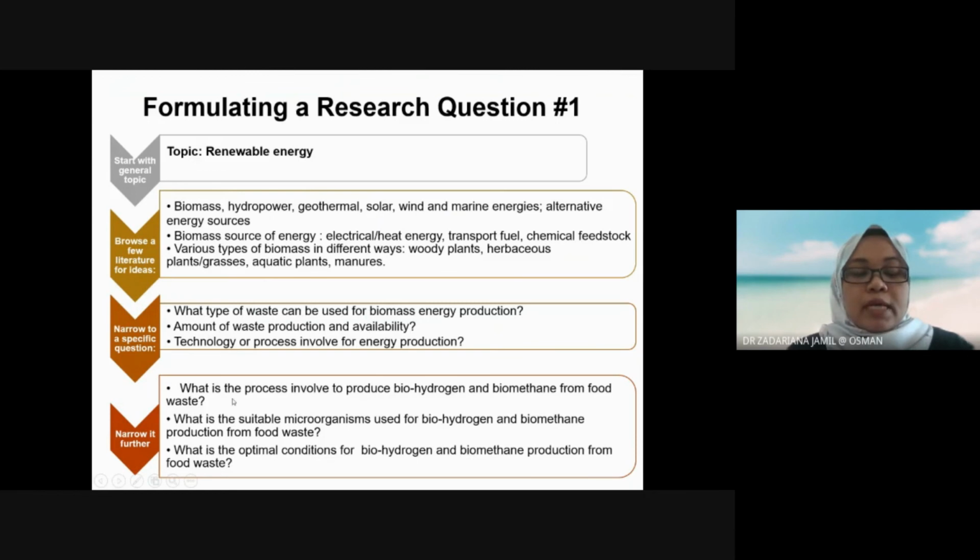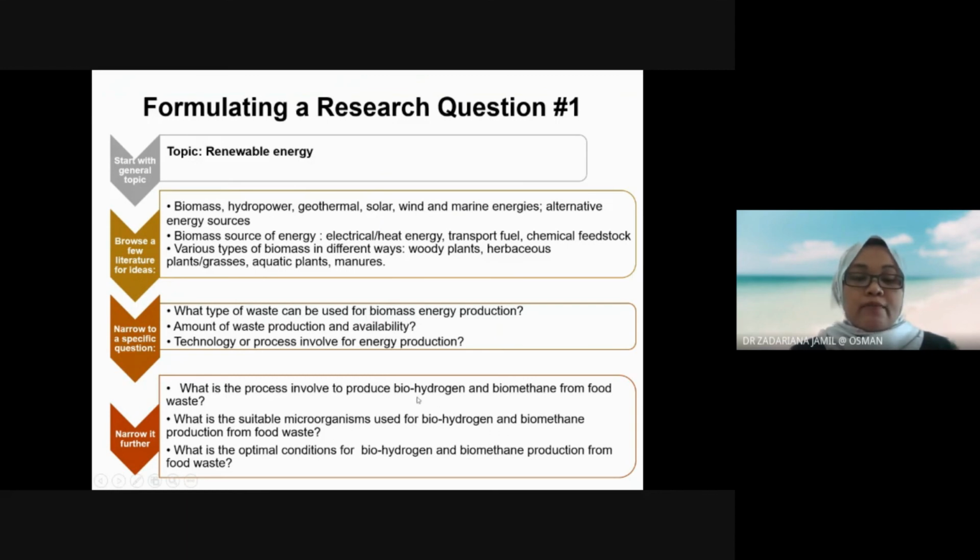So the research question is: what is the process involved to produce biohydrogen and biomethane from food waste? The second question is: what is the suitable microorganism used for biohydrogen and biomethane production from food waste?